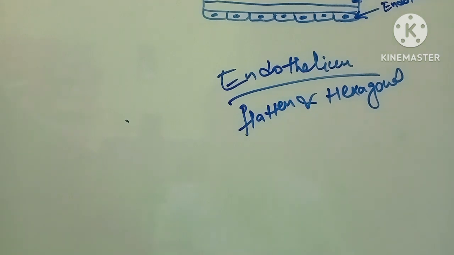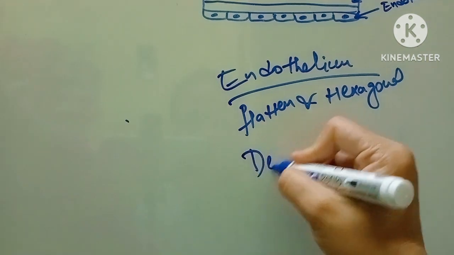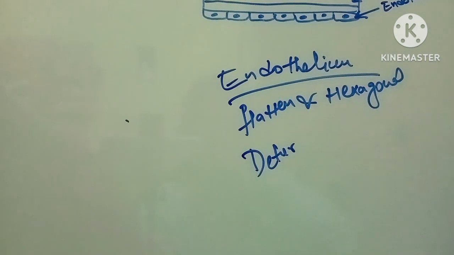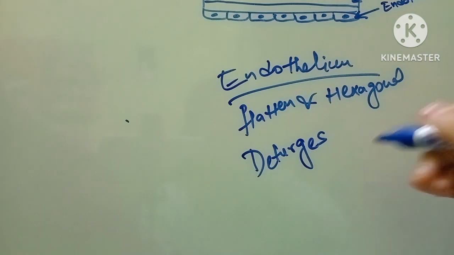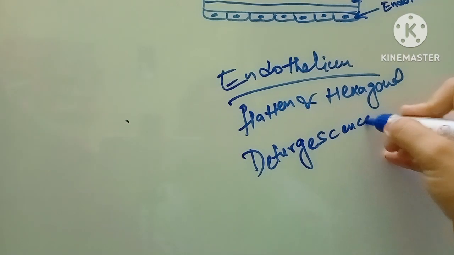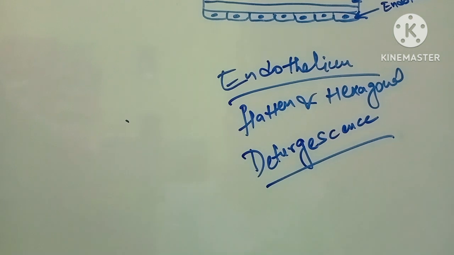If there is excess fluid, the endothelium pumps it out of the stroma. That is known as deturgescence.